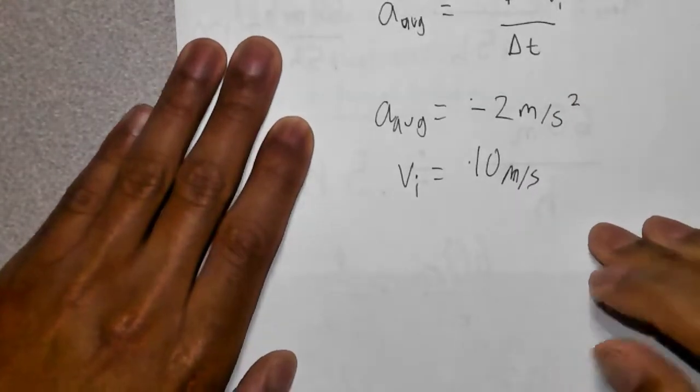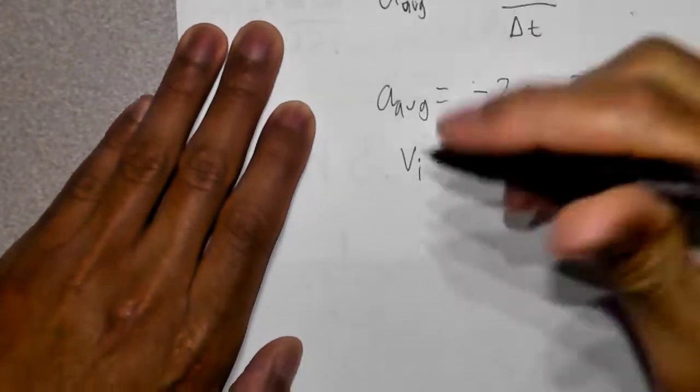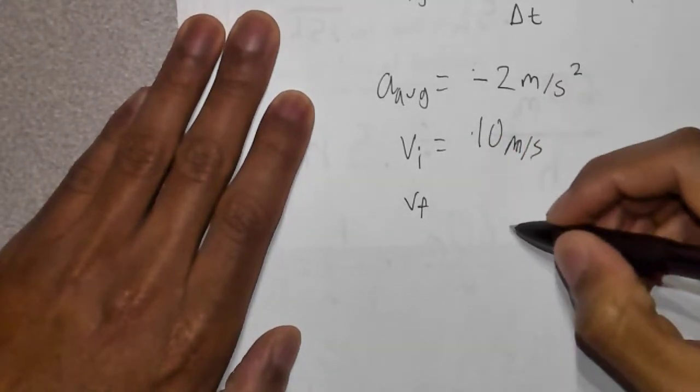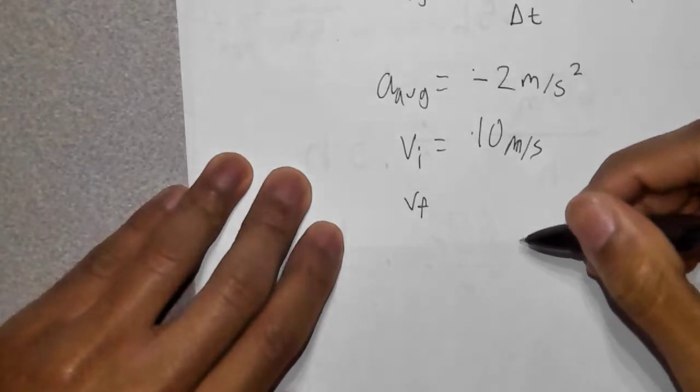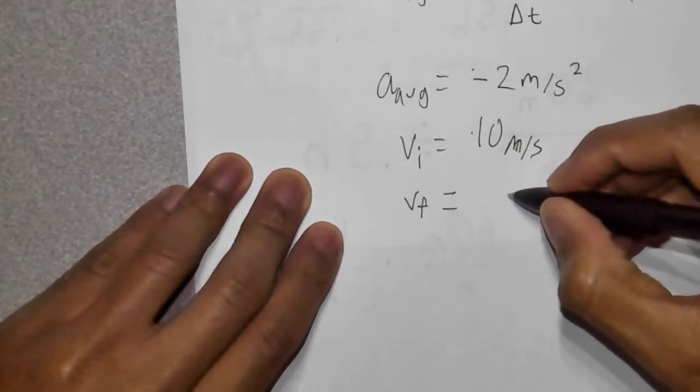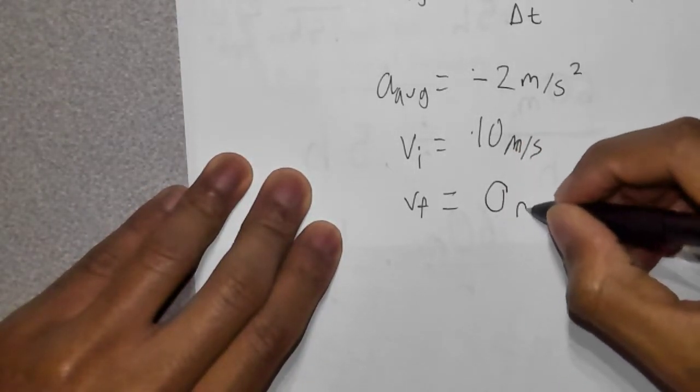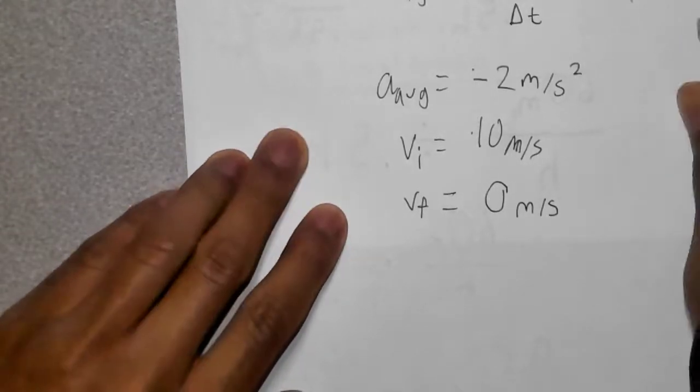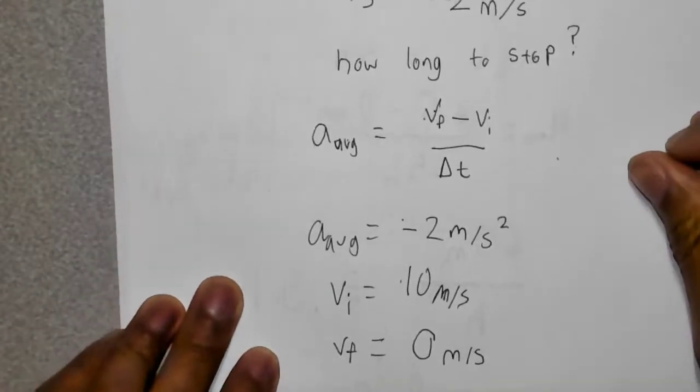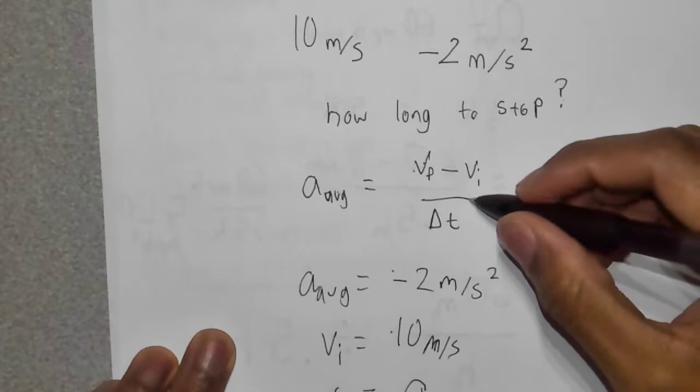We actually also have the final velocity, because I said this bus is slowing down to a stop. So the final velocity must be 0. What are we missing? We're missing delta t.